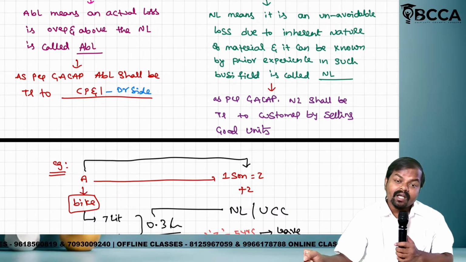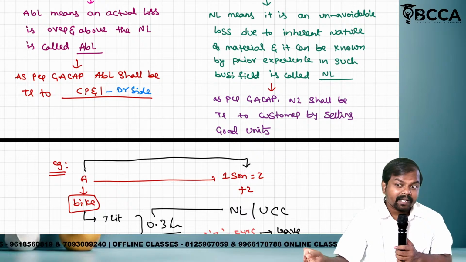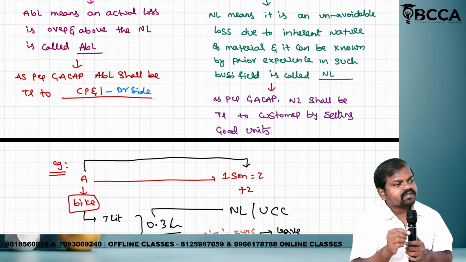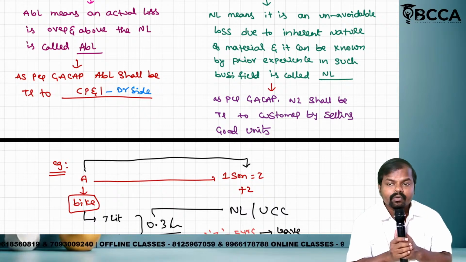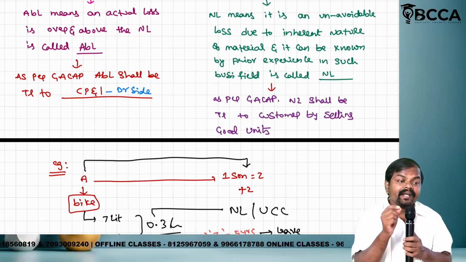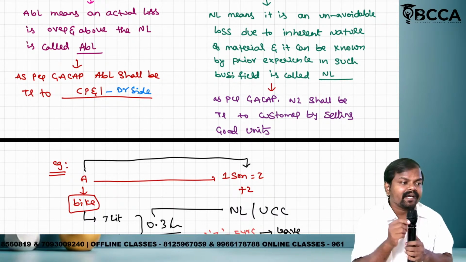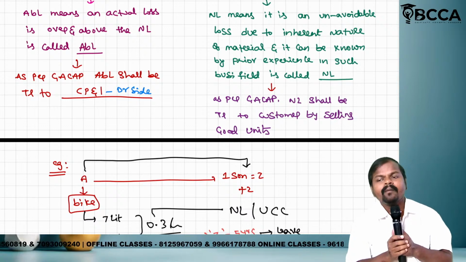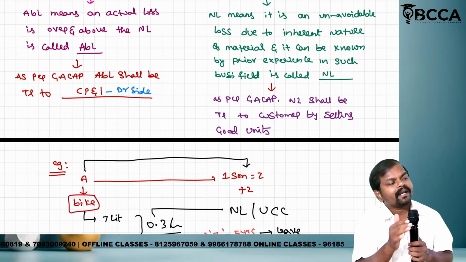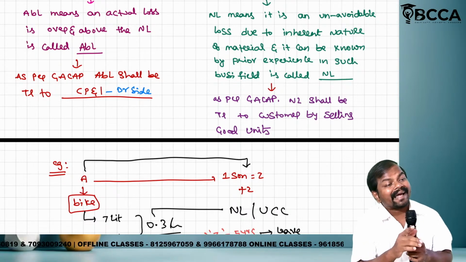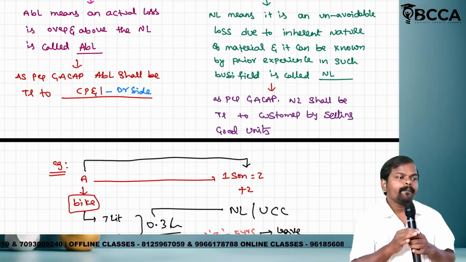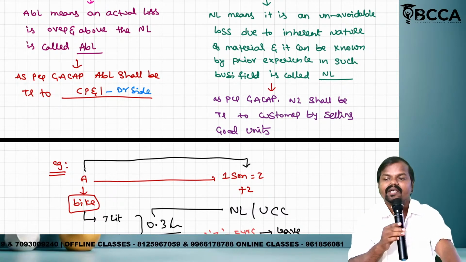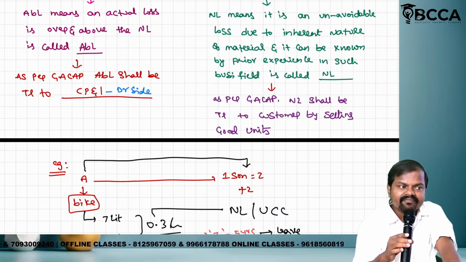Normal loss, the GAAP principle we will discuss separately. Normal loss means an unavoidable loss due to the inherent nature of the material, and it can be known from prior or previous experience in such a business field.